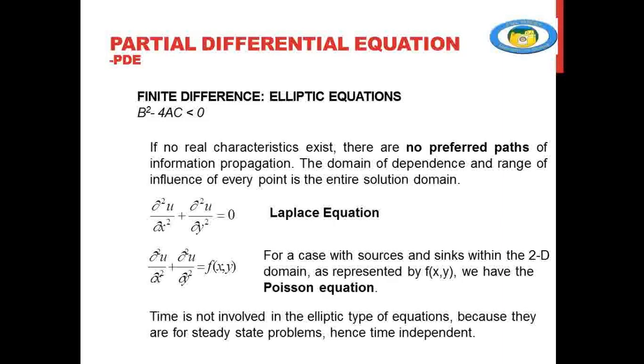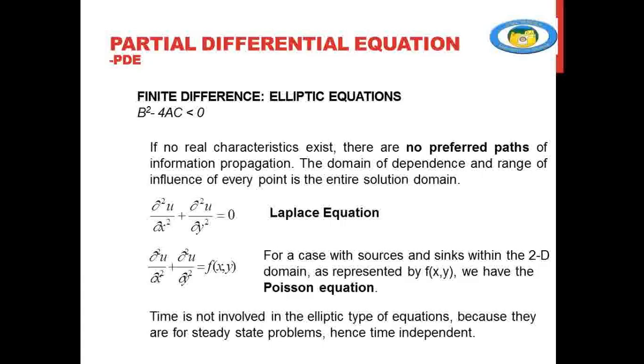So the Laplace equation, which we typically use in groundwater, is an elliptic equation, basically. For the case with sources and sinks within the 2D domain, we can also represent this as the Poisson equation.